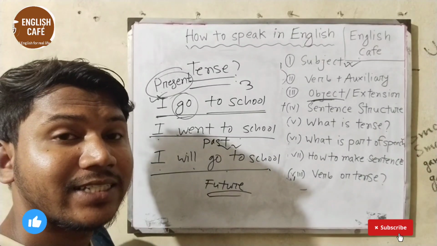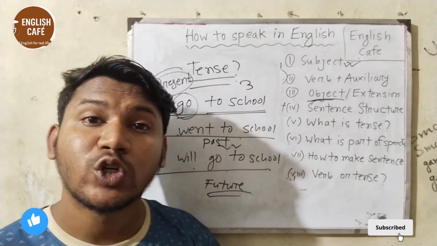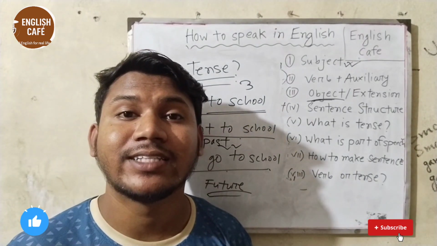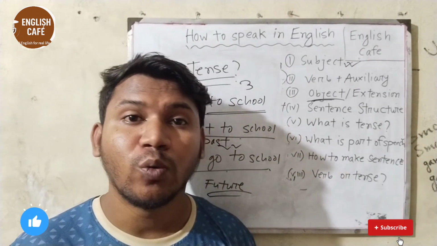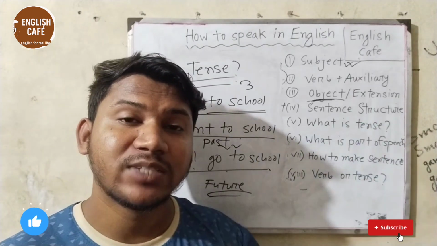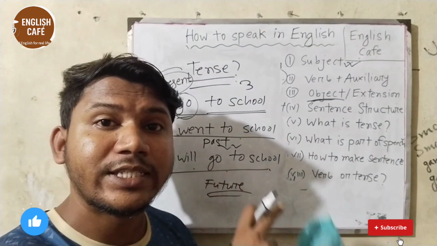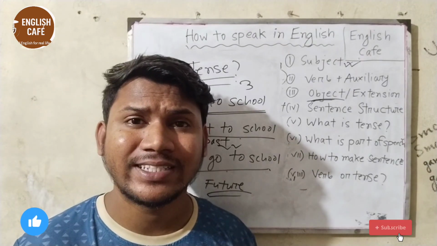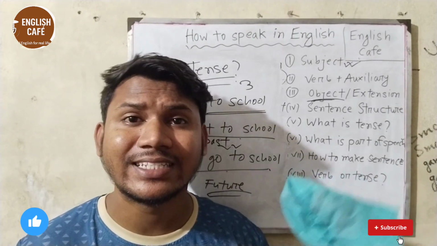And these 3 tenses are also divided into 12 types of tenses. As we have just started learning English and we are all beginners, we are not going into deep knowledge. So later in our next video, we will discuss all these 12 types of tenses. I hope we have covered all the basic topics to make English sentences.